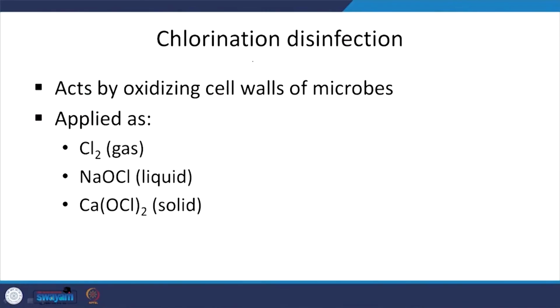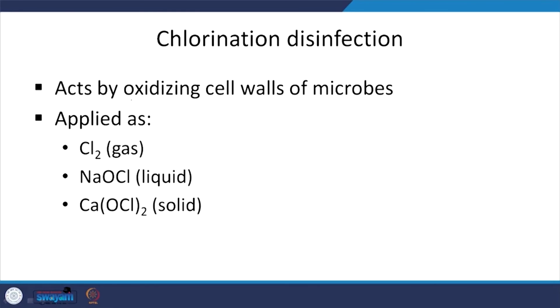The endogenous phase typically occurs later, so relatively older microbes need higher concentrations or longer contact time before they can be inactivated. These are aspects you need to be aware of, especially when looking at oxidizing agents like chlorine.